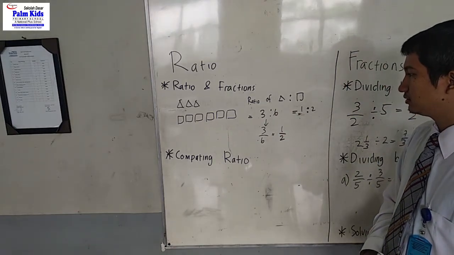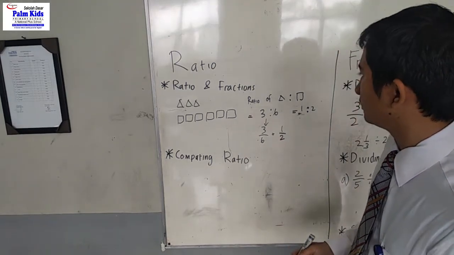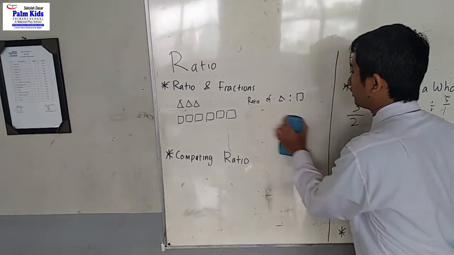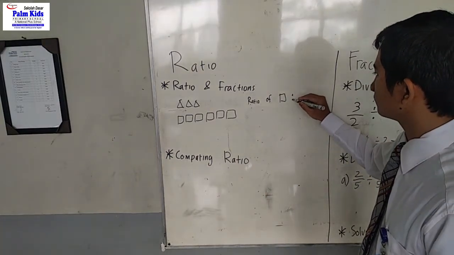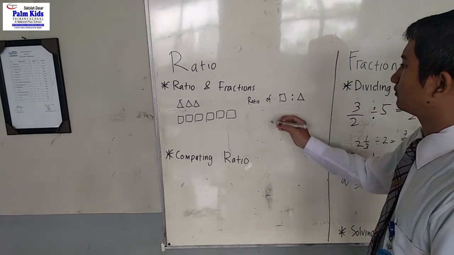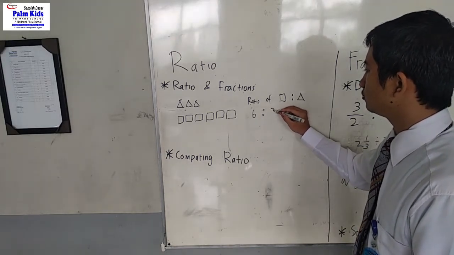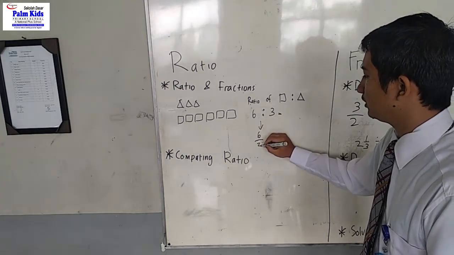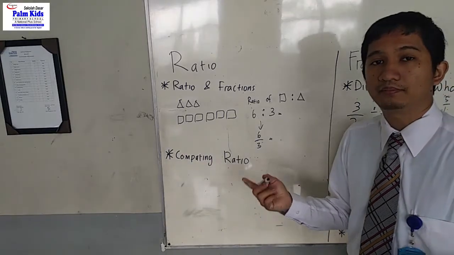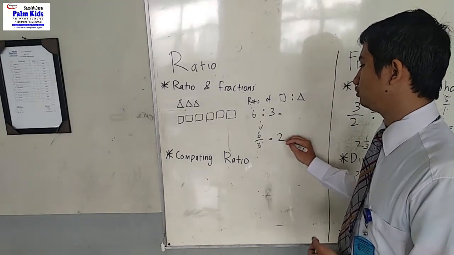Okay, class? But what about if you want to make it ratio of squares to triangles? It is 6 to 3. And in fraction, you can write this as 6/3. Now remember, because this is a ratio, you don't make 6 divided by 3 equals 2.